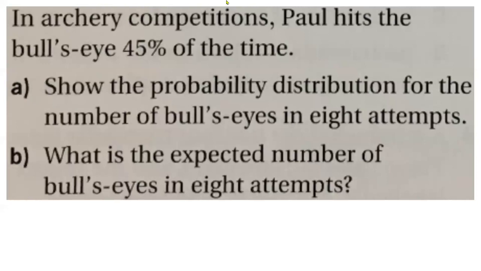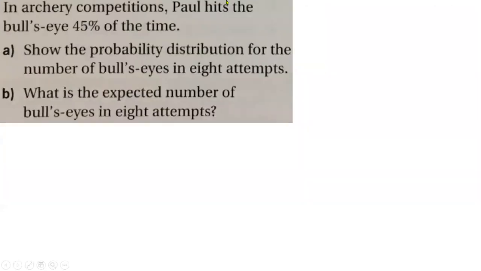Okay, let's see how we can solve this. Again, the first thing is to find what is a random variable here, right? Okay, here we use uppercase X to denote our random variable.